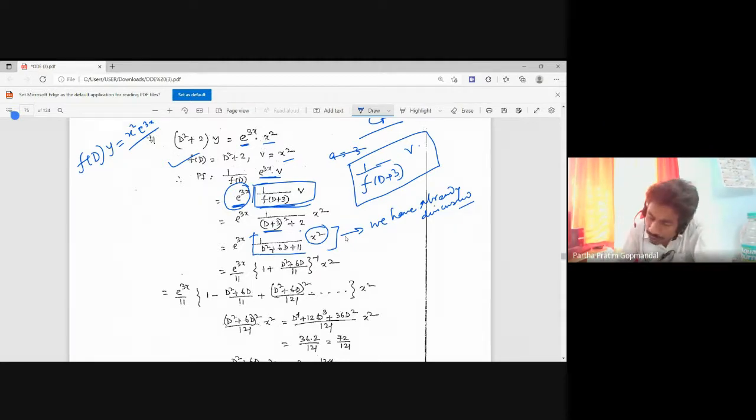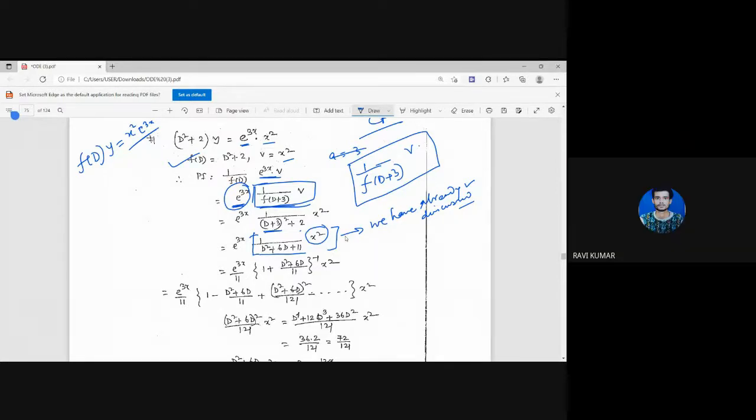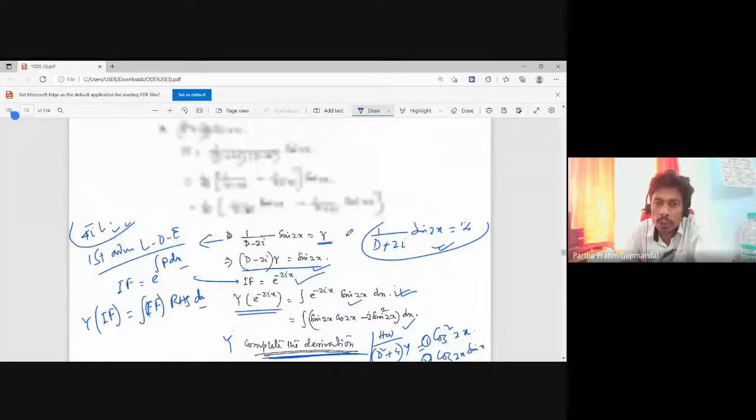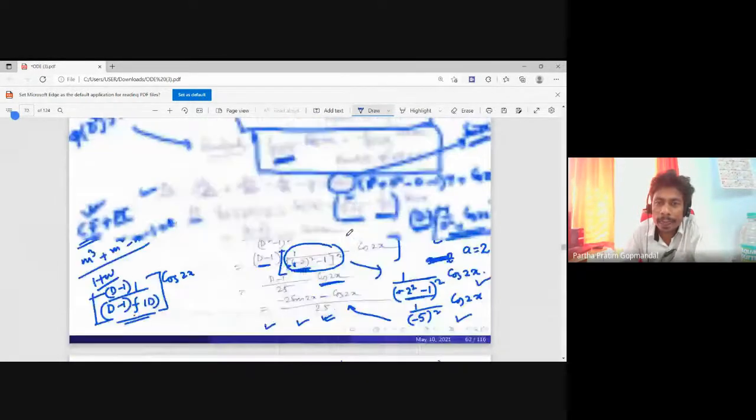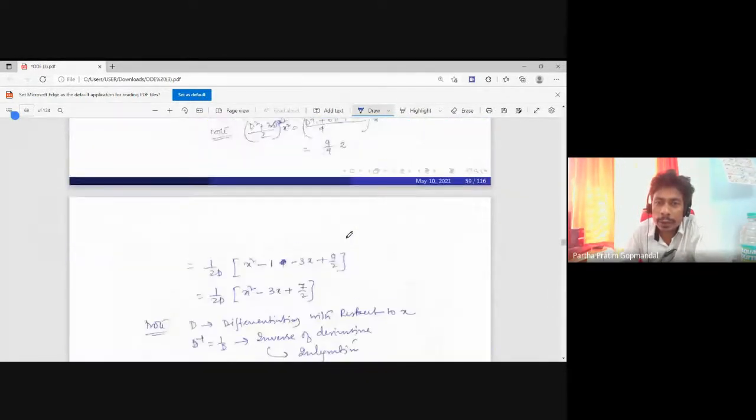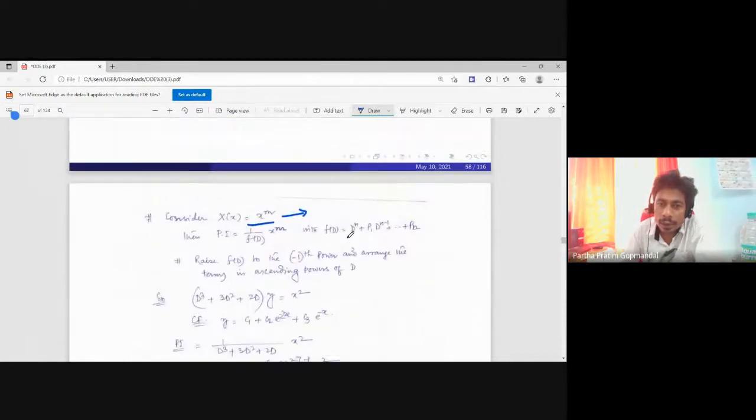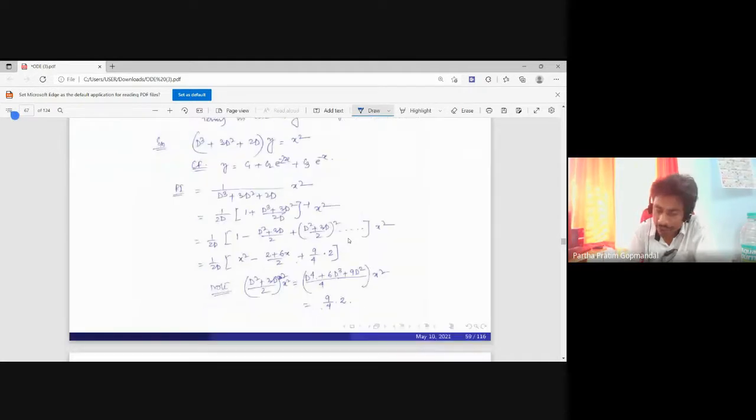Okay, so we have discussed already this term, how to find 1 by this function, 1 by D square plus 6D plus 11, that you have to operate on x square. Can you solve it or not? Tell me. Yes, sir. I am just showing you the formula. Here we have discussed this earlier.